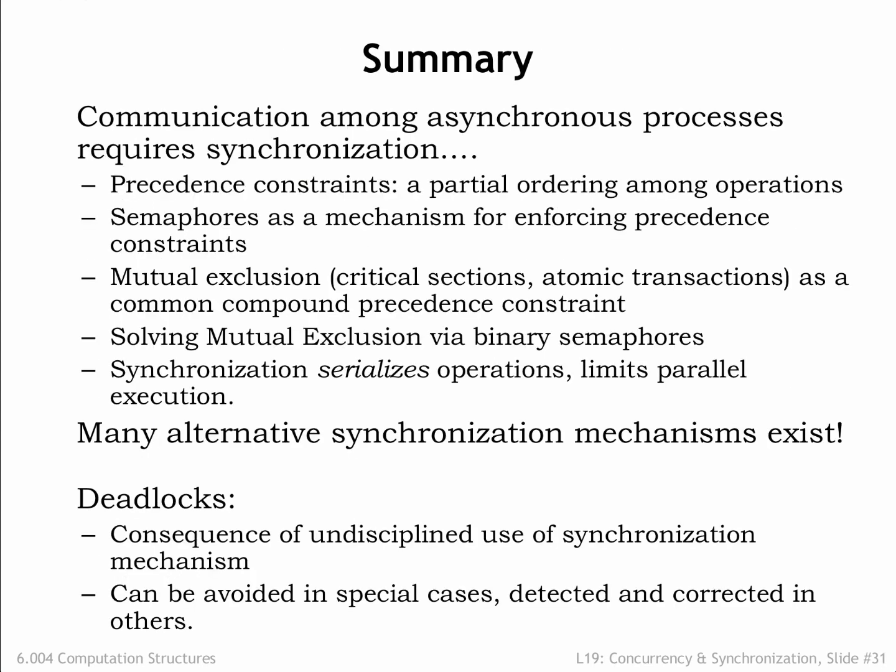In summary, we saw that organizing an application as communicating processes is often a convenient way to go. We use semaphores to synchronize the execution of the different processes, providing guarantees that certain precedence constraints would be met, even between statements in different processes. We also introduced the notion of critical code sections and mutual exclusion constraints that guaranteed that a code sequence would be executed without interruption by another process.